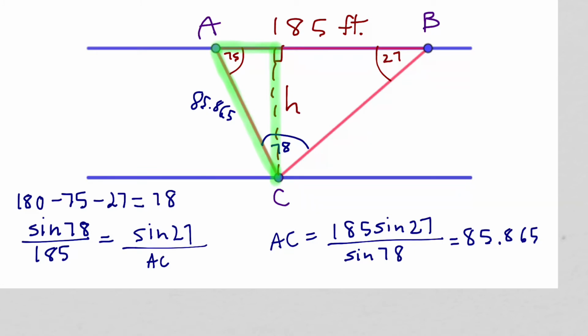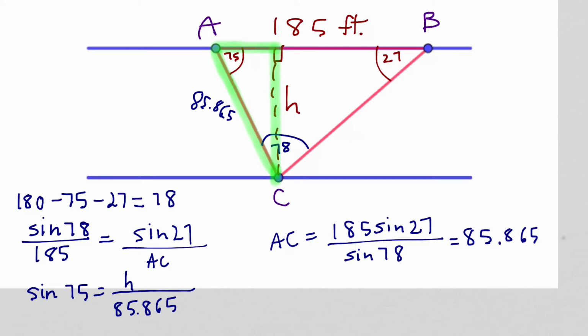So that green triangle there, I could say that the sine of 75 is equal to opposite over hypotenuse. So my equation is right here, sine of 75. So opposite 75, that's h, divided by hypotenuse, that's this side here.